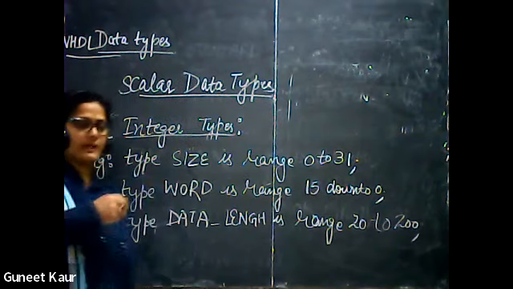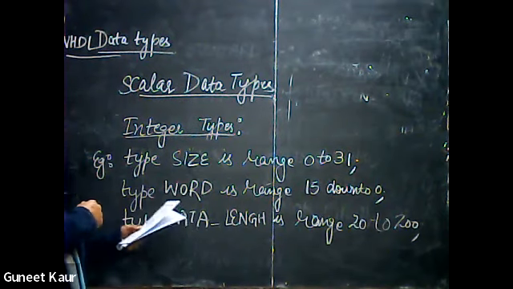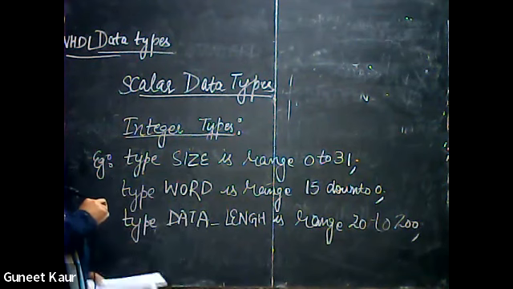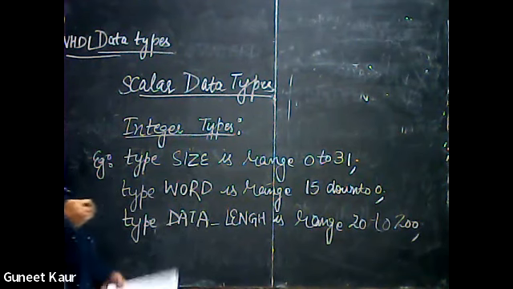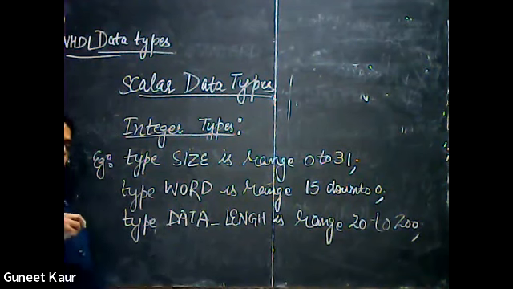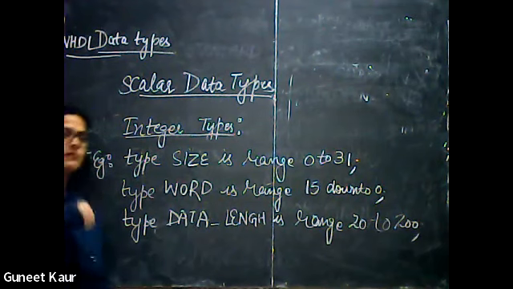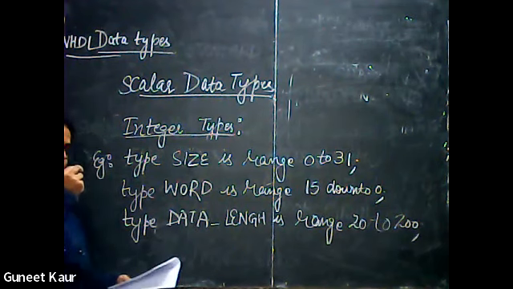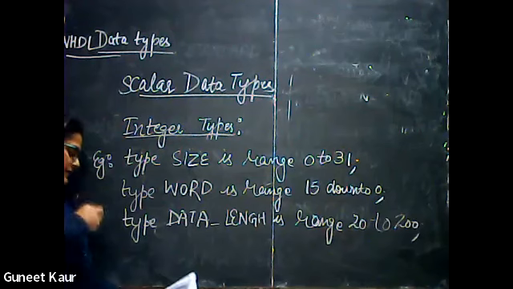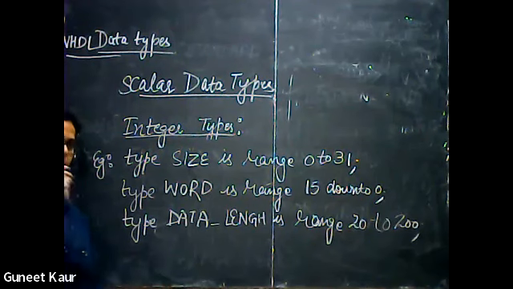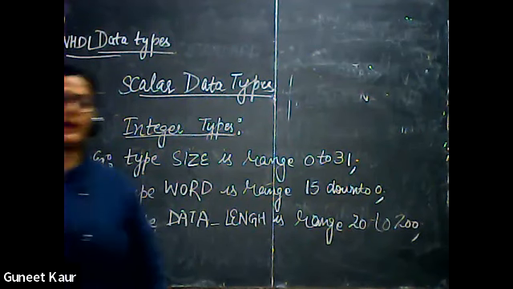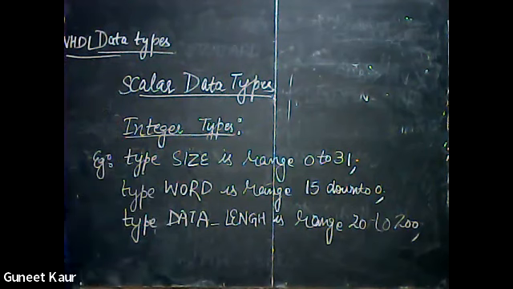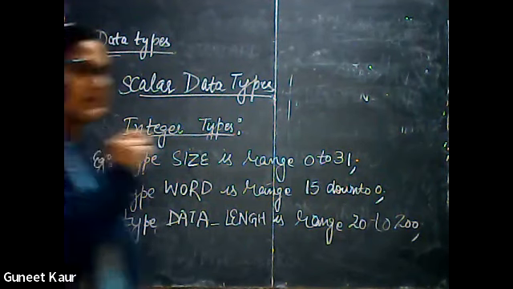The first example is size: type size is range 0 to 31. This is the integer type.